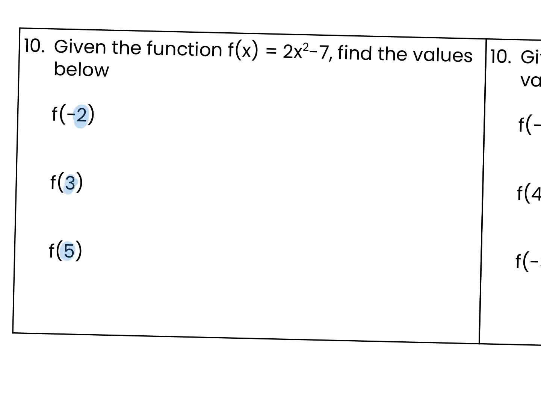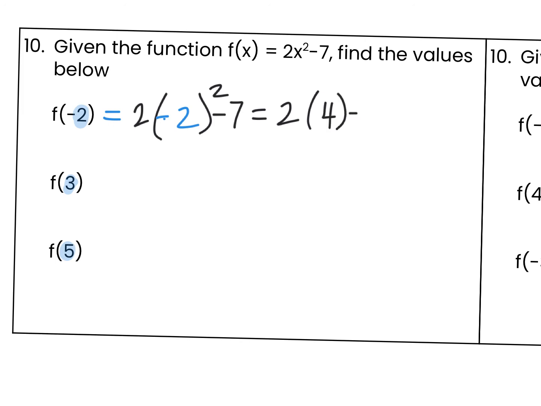So for example, f of -2 is telling me to do 2 times -2 squared minus 7, which equals 2 times -2 squared is -2 times -2, which gives me 4, minus 7. Then 2 times 4 is 8. Then 8 minus 7 equals 1.